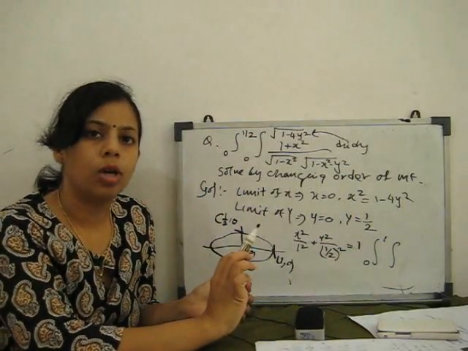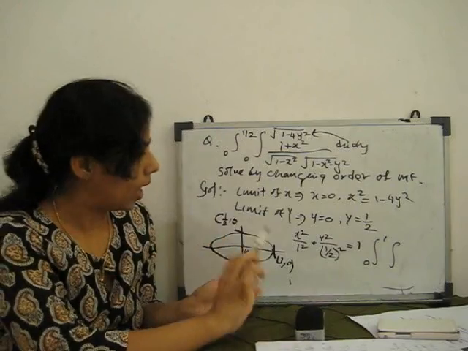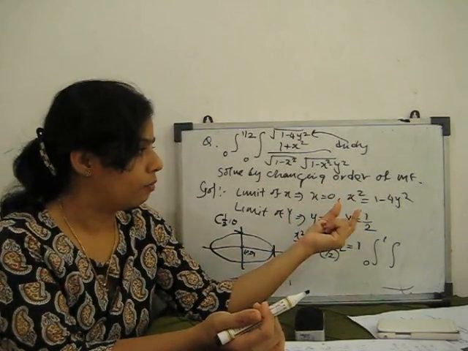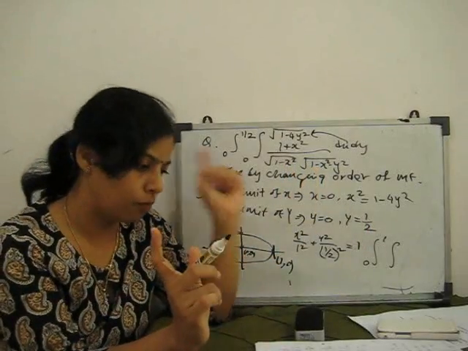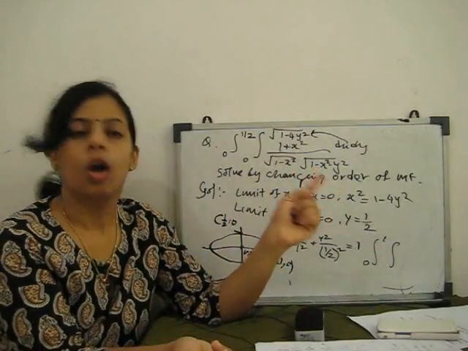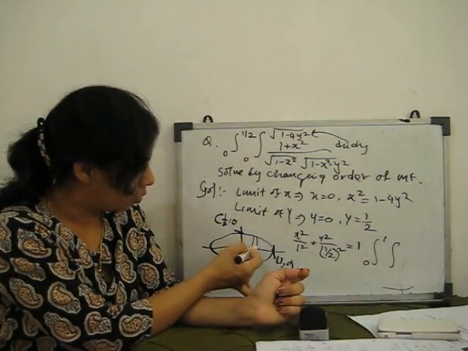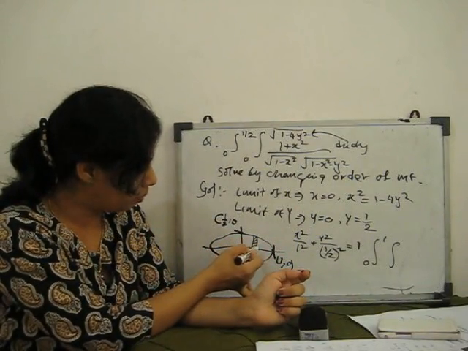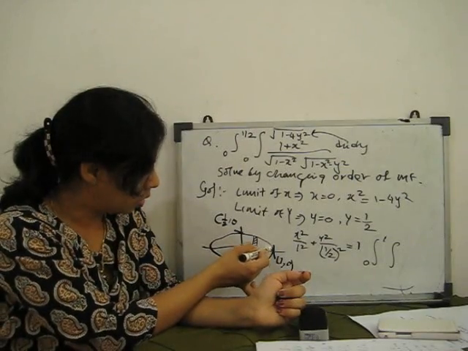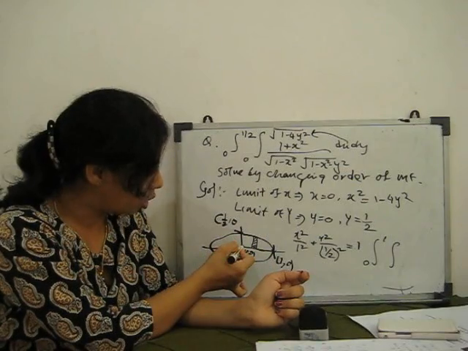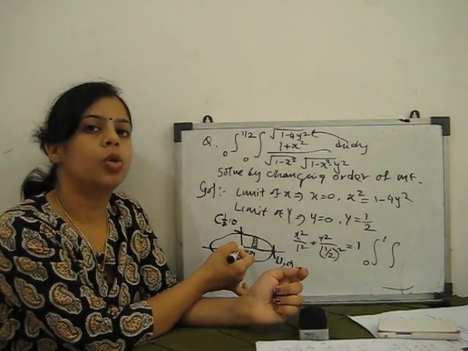Next, we have to find out limit of y in terms of x. Same, when we find out limit of y in terms of x, first we have to find out lower limit of y. We have to make a strip moving from this line to this line. So this line is always y is equal to 0.